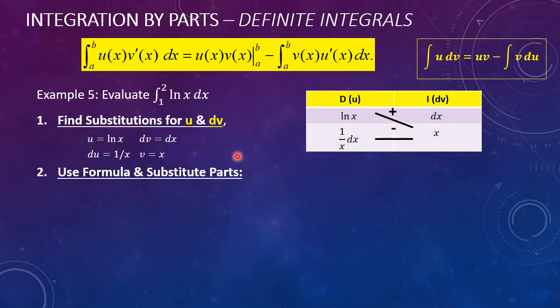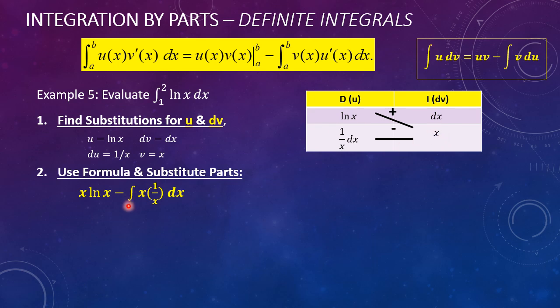And then plug these values directly into the formula, uv minus the integral of v du. Okay, you can see all those parts up there. So in this case, to me, the table doesn't really help. The table helps sometimes when I'm struggling with solving the problem, or definitely helps when I have repeated integration by parts.